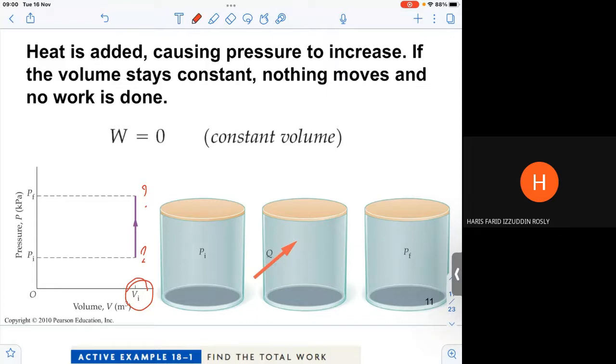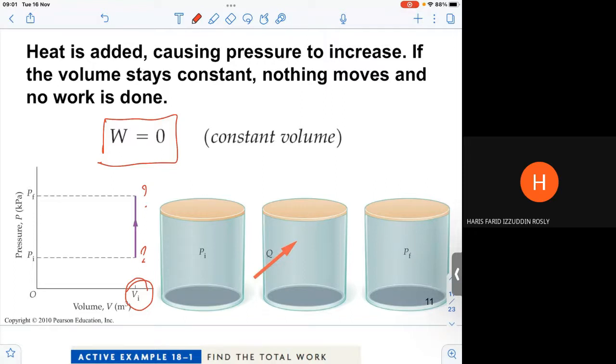So in the constant volume, you must know that there is no area under the graph for this kind of straight line graph. Therefore, the work done will be zero. So for constant volume, the work done will be zero.